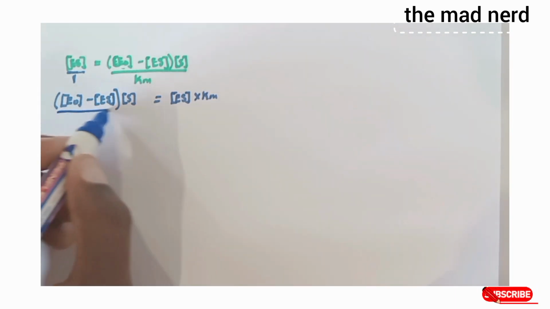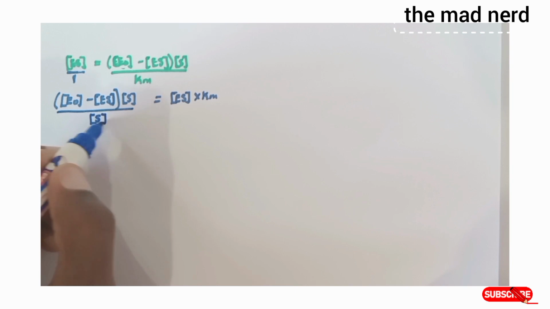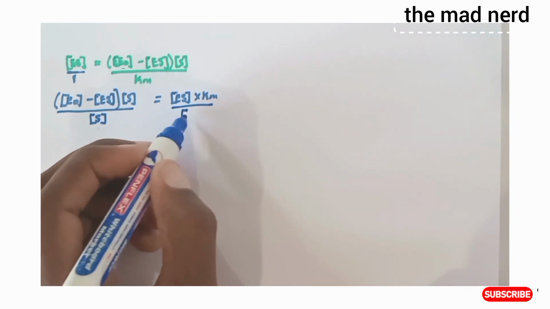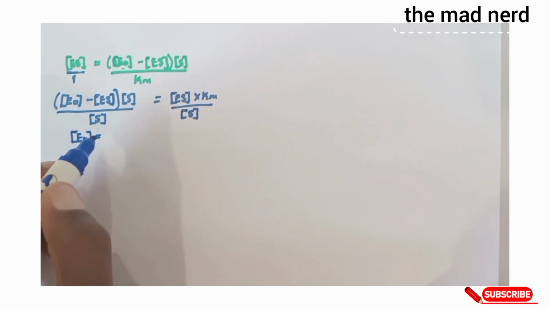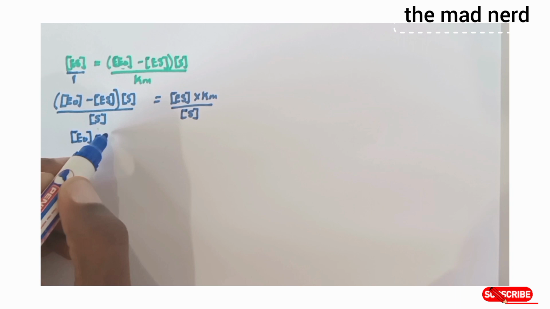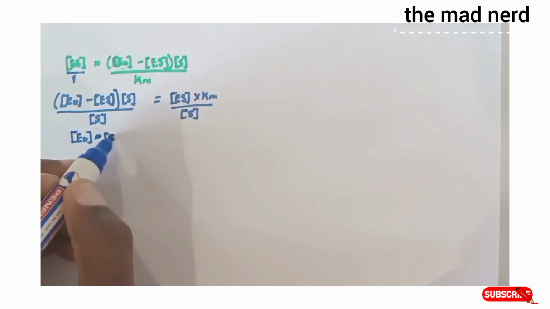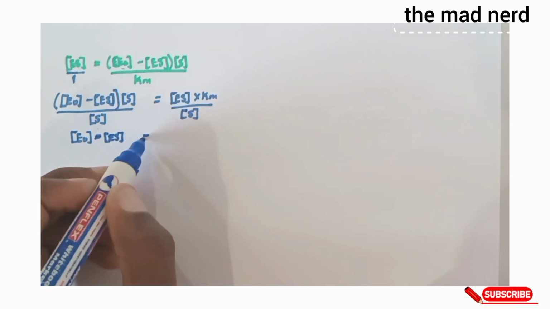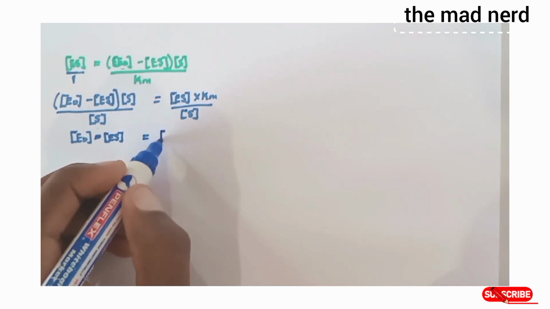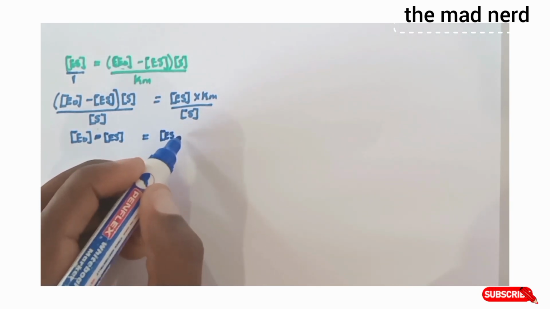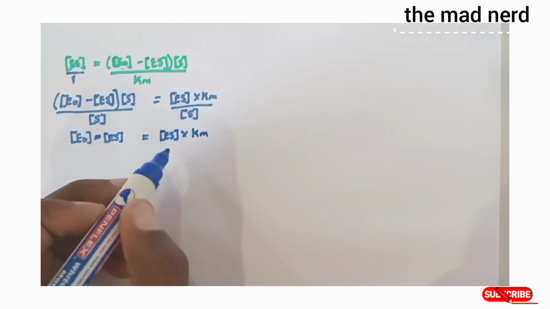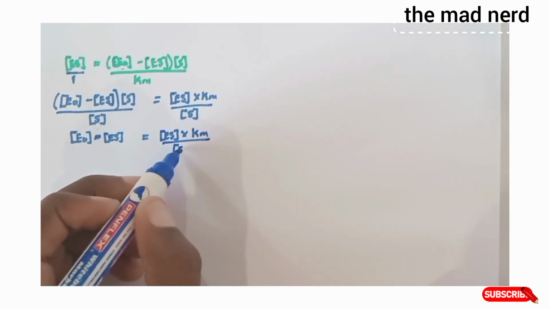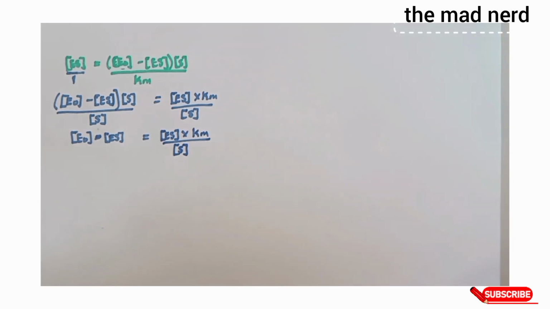So now what you can do is to remove the concentration of S with the division. So let's say the concentration of S over here, and the concentration of S over here. And then now we are left with the concentration of E naught minus the concentration of ES, that is equal to the concentration of ES times the Km over the concentration of the substrate over there.